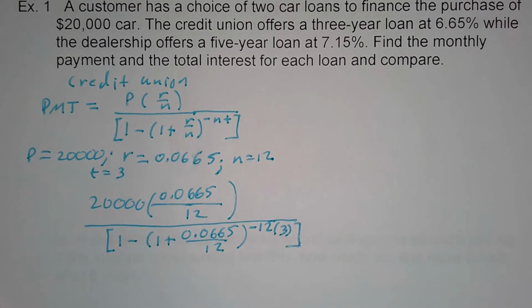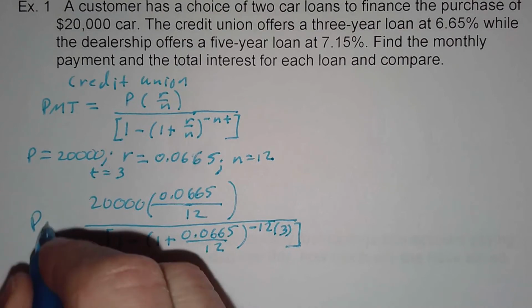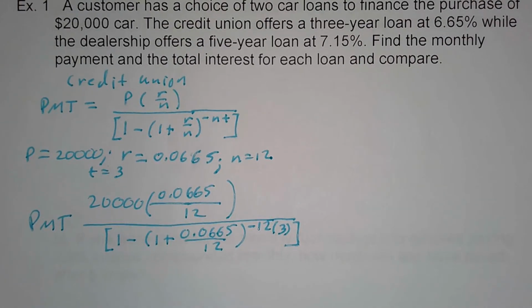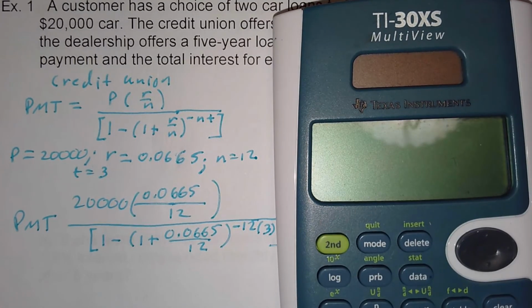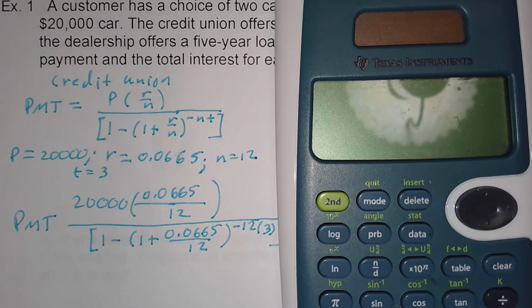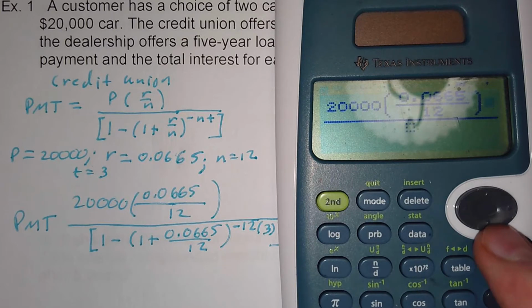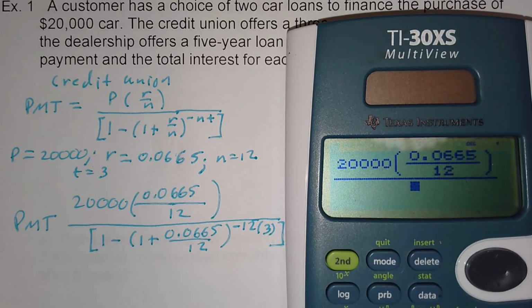And now it's calculator time. So we're going to do our fraction key, 20,000, parentheses, fraction key, 0.0665 over 12. Close the parentheses off. Head to the denominator. Let me see if I can get off that glare. Sorry about that.